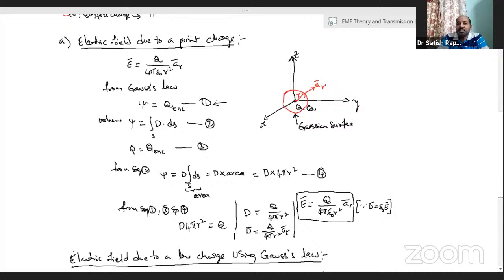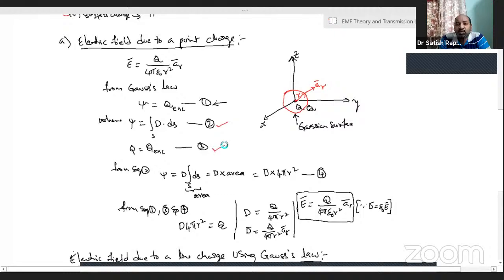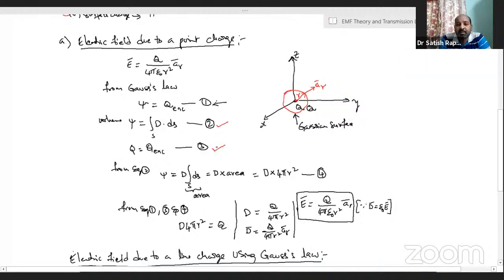A spherical Gaussian surface is assumed. From Gauss law, we know that psi is equal to Q enclosed, the charge enclosed by the Gaussian surface, and psi is equal to the surface integral D dot dS, and Q is equal to Q enclosed for a point charge.